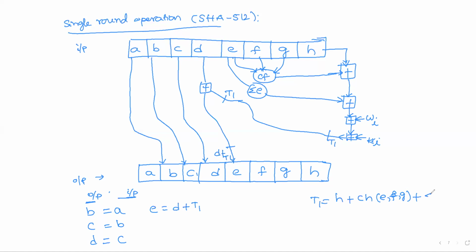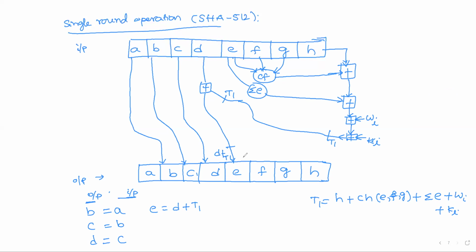For this, another operand is the rotation operation for E bits, then another operand here is Wi, and another operand here is Ki. This one is giving T1. Okay, D plus this T1 is giving E.